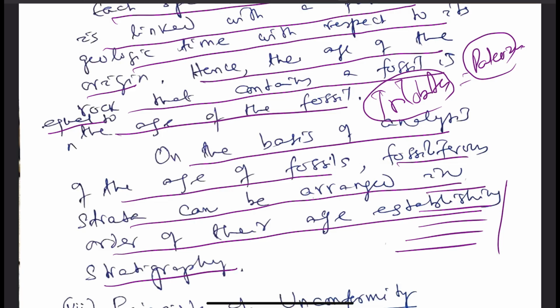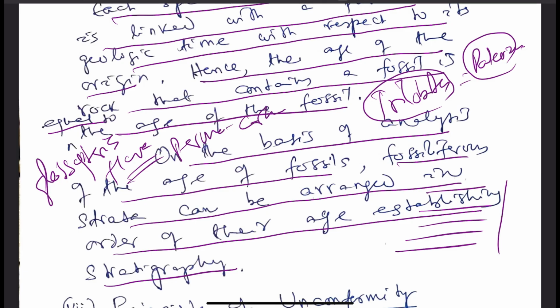Similarly, Glossopteris flora has a Permo-Carboniferous age. So if a Glossopteris fossil is found, then the rock type that contains Glossopteris flora can be assigned Permo-Carboniferous time.